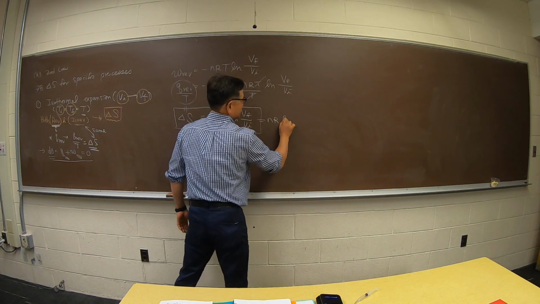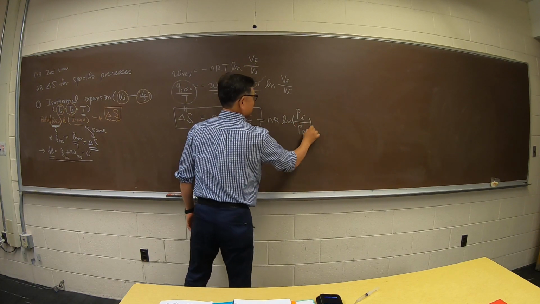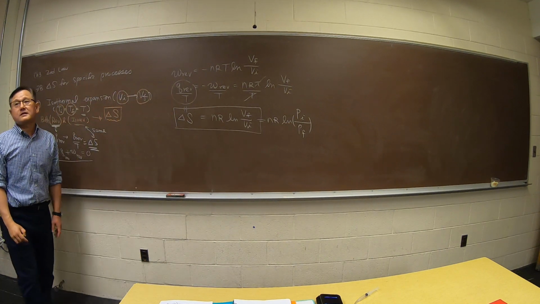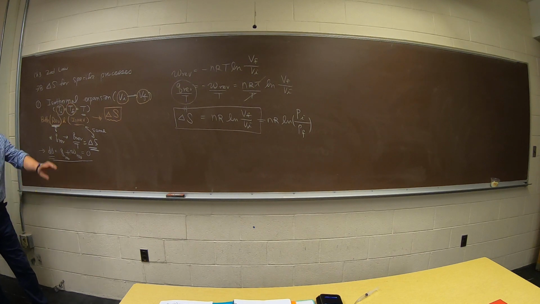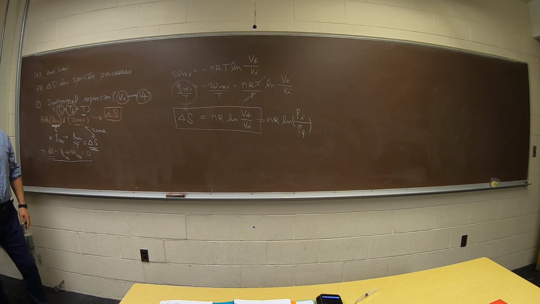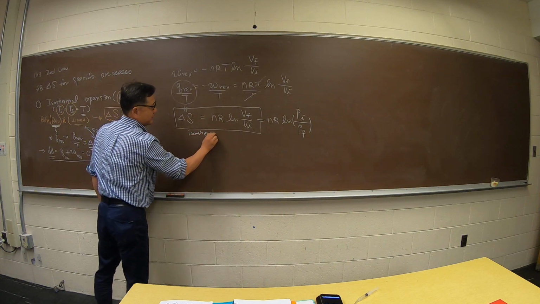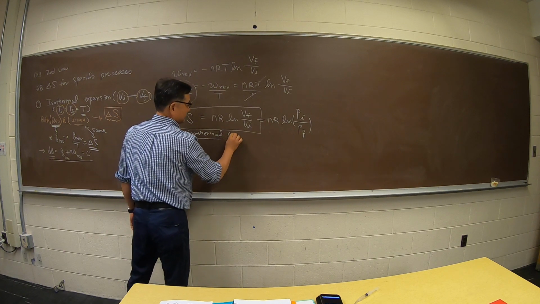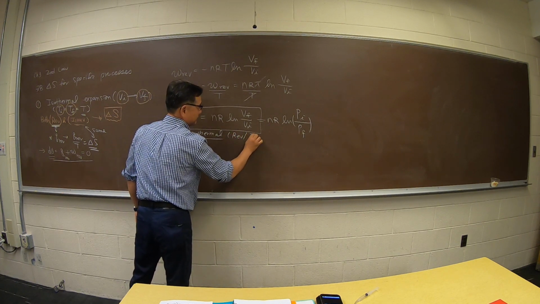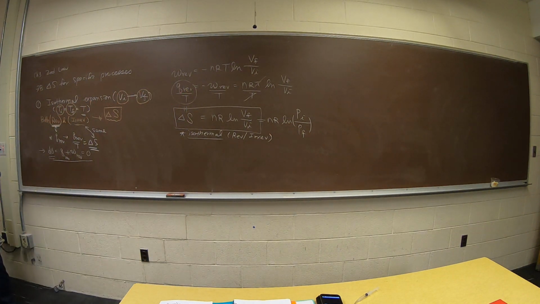As a side note, sometimes people give you the pressure differences for expansion and compression. The volume ratio is inverse to the pressure ratio for an isothermal process. So this is quite nice: whether it's reversible or irreversible, I have an equation I can use to predict the entropy change.